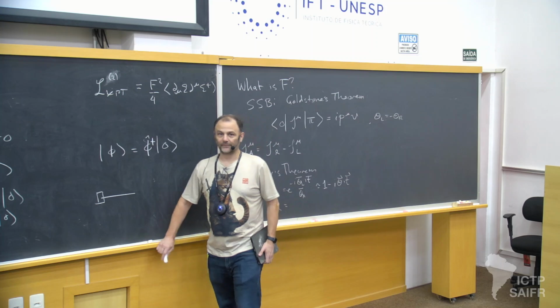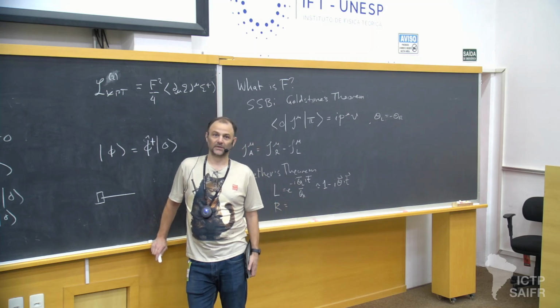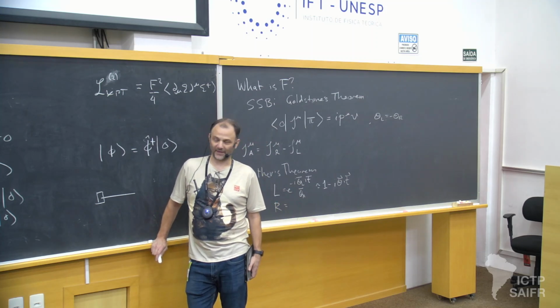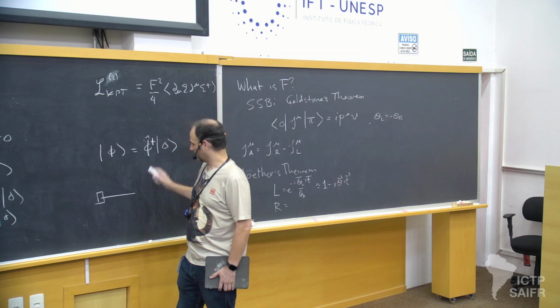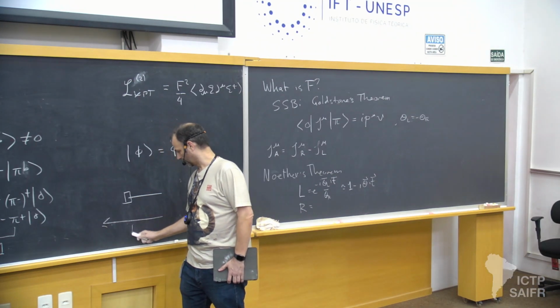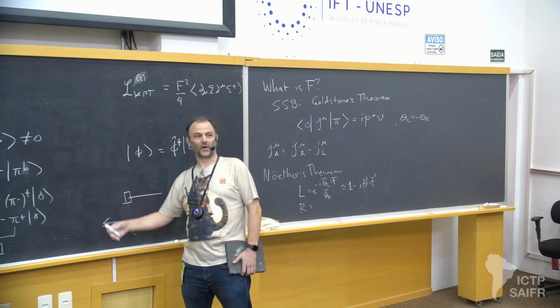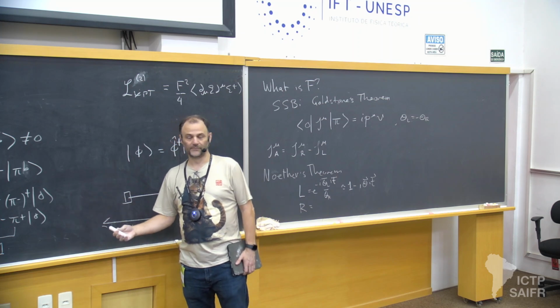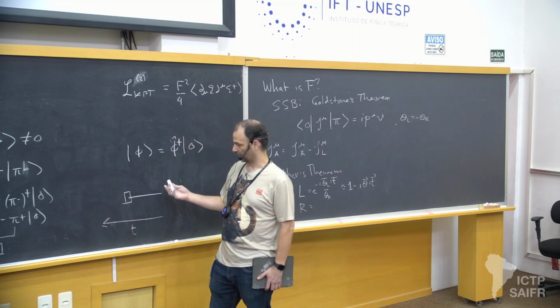Most of the time, it doesn't matter. But sometimes it does. And what is it? I always draw time going this way when I'm thinking about writing a Feynman diagram. This is something I got from Ann Nelson.